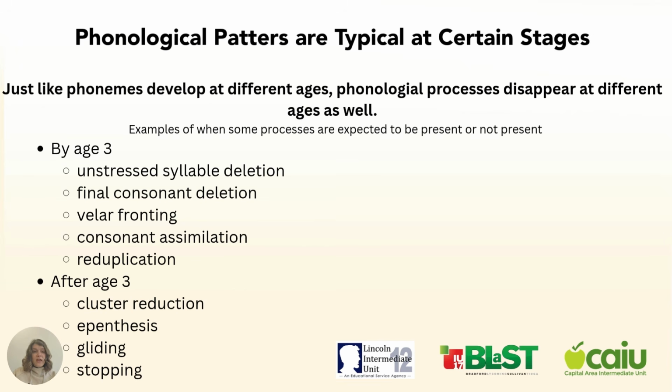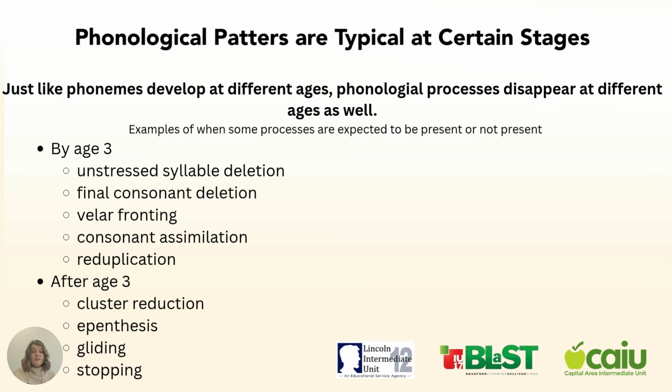When we stick with that articulation and phonological patterns area, the phonological patterns also develop at certain stages. So you might not have heard of most of these, but some of these processes are expected to be present or not present. When we think about a whole word, we see younger children delete that unstressed syllable.